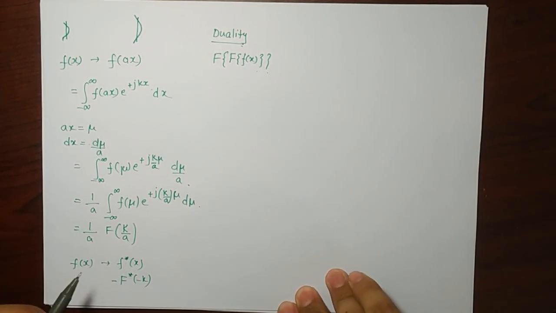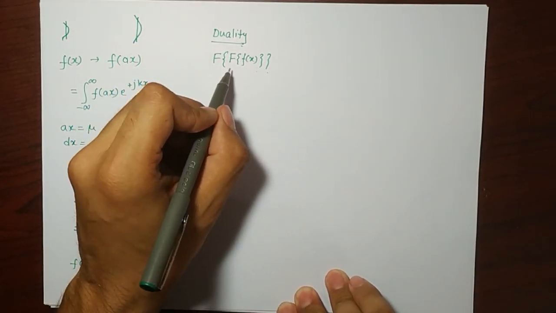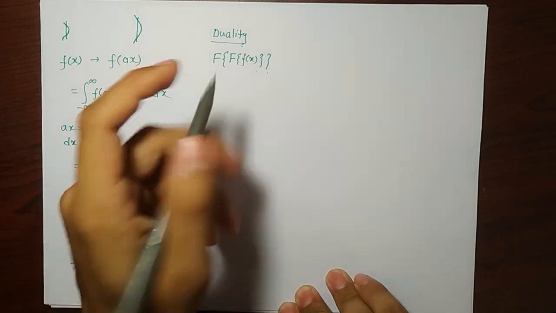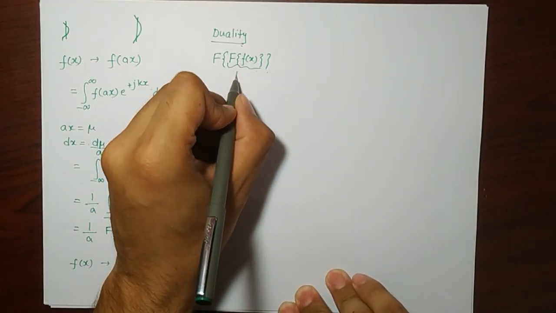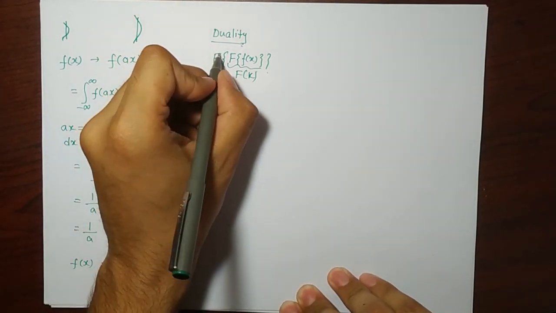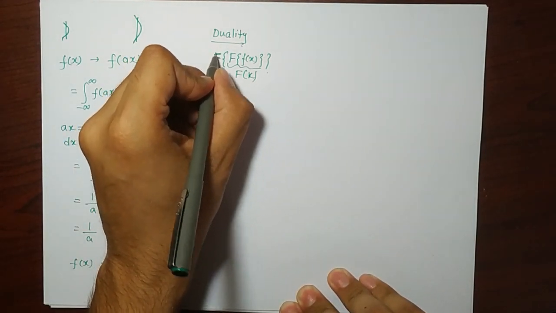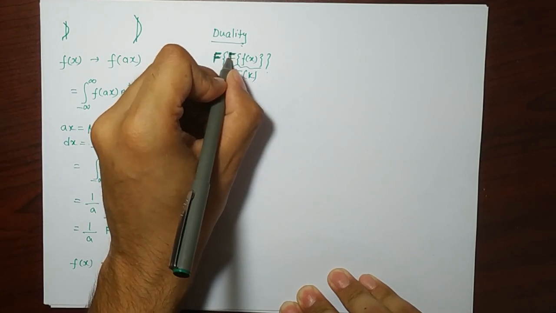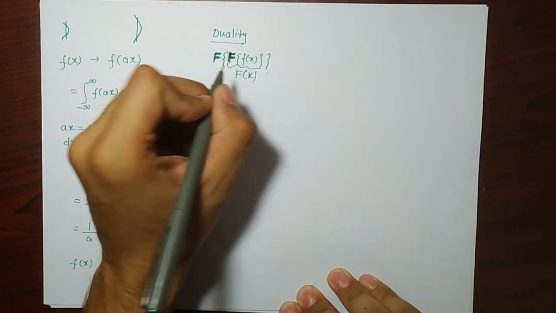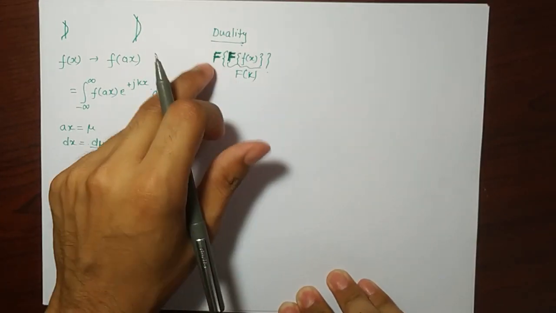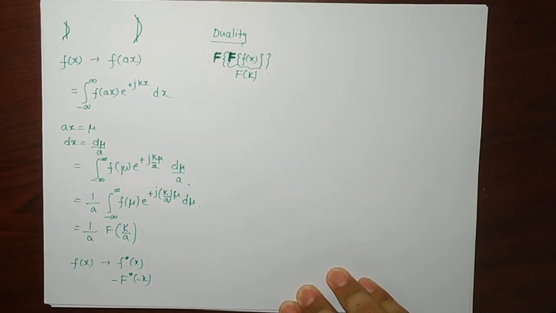So what we are basically looking for is the Fourier transform of the Fourier transform of f of x. This we know is basically f of k, right? Since this is the symbol of the Fourier transform, this is an operator, bold it. So you are taking the Fourier transform of f of k.